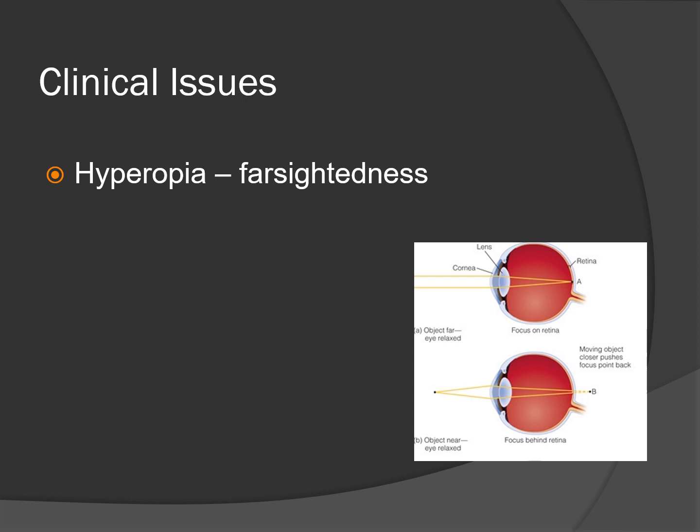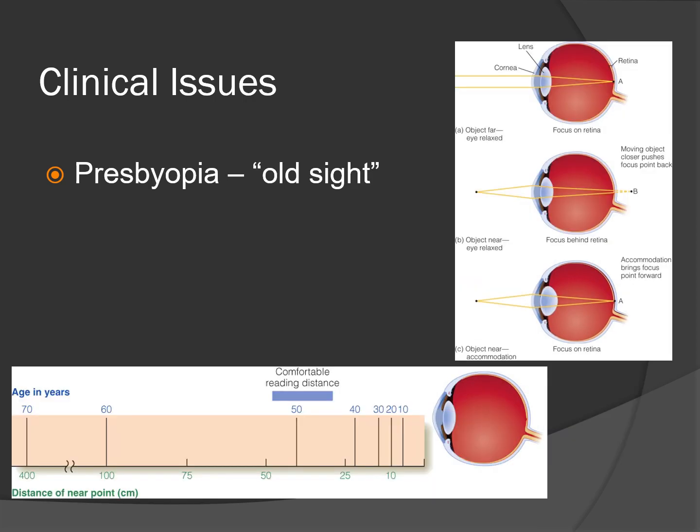This can again be fixed with glasses and is somewhat uncommon, especially when we are younger. But if I go ahead into presbyopia, which I now resent, it means old sight.